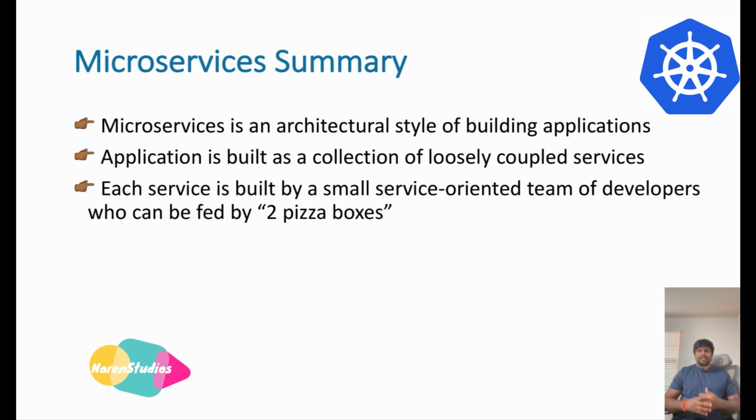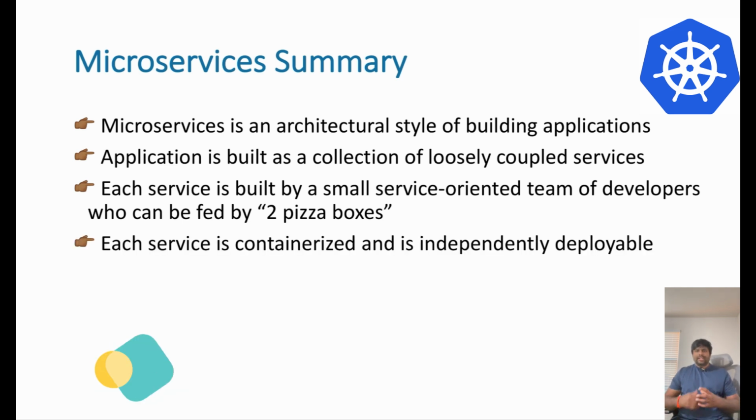Each service is containerized. That is, the software is baked into an image and pushed to a container registry, and is independently deployable. This makes it easy to upgrade and scale the application. Also, each service is decoupled from other services using well-defined APIs and load balancers.